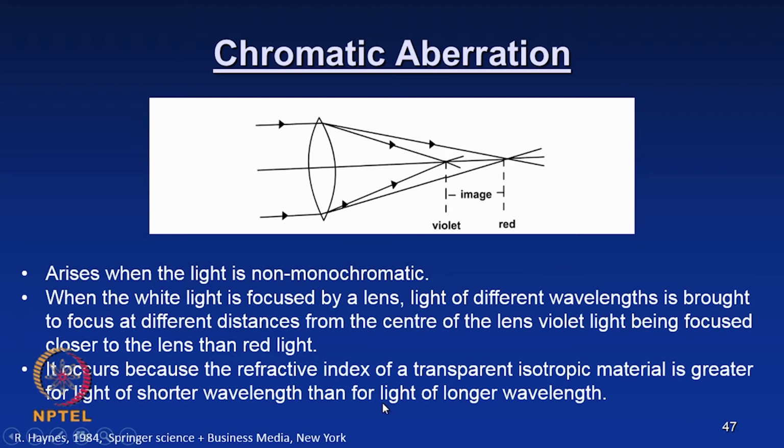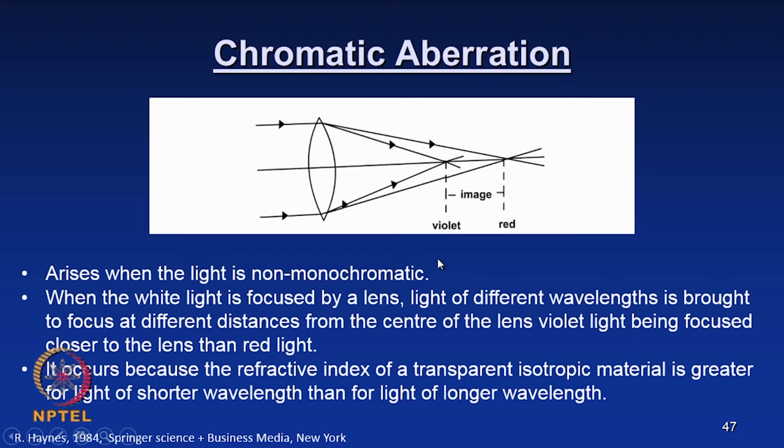The next aberration which we are going to talk about is chromatic aberration. It is very different from what we have discussed before. It arises when the light is non-monochromatic.